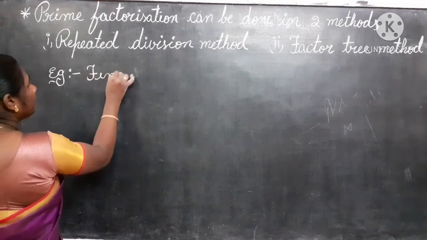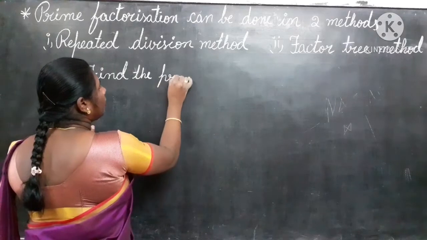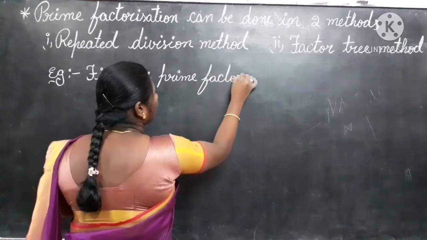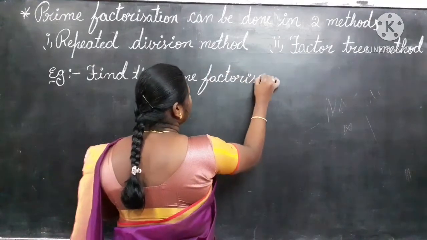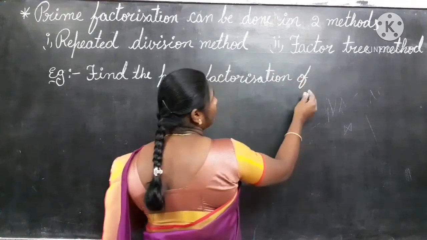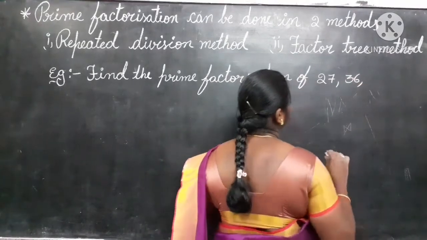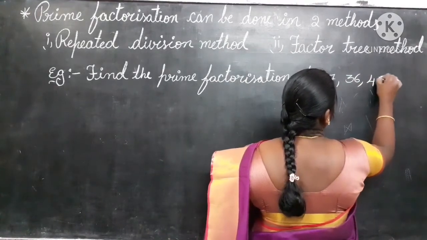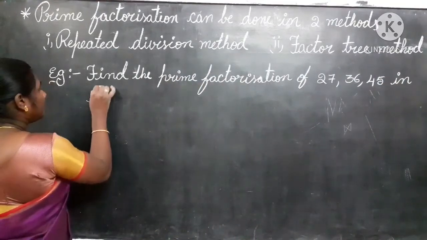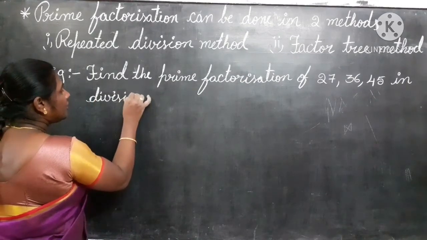Find the prime factorization of 27, 36, 45 in the division method.